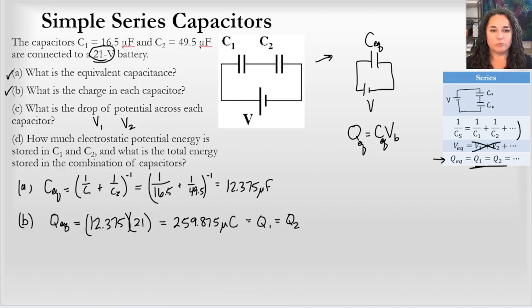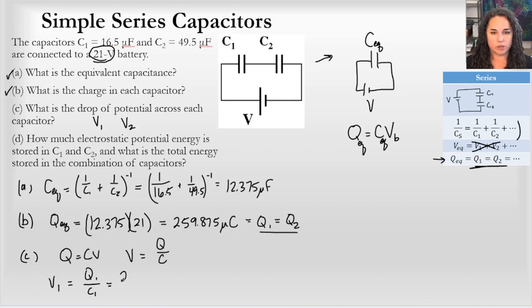What will help me is I'm going to recall that Q equals CV, and note that we have Q for each one of these capacitors. So I'm going to say that the voltage on a capacitor is going to be its charge divided by its capacitance. So that'll tell me that V1 equals Q1 divided by C1.